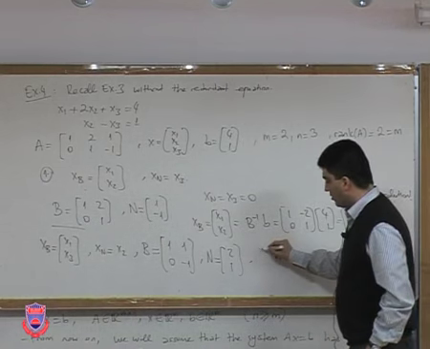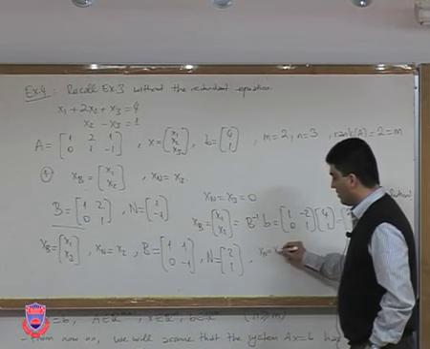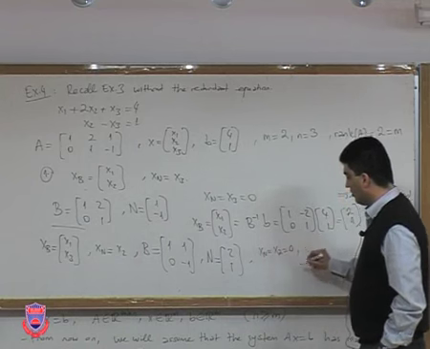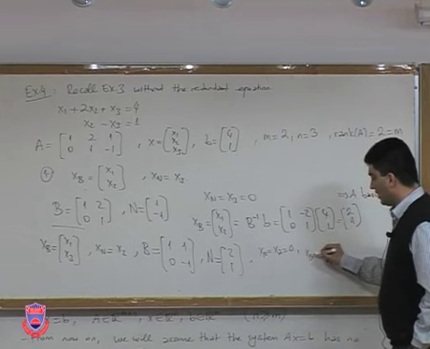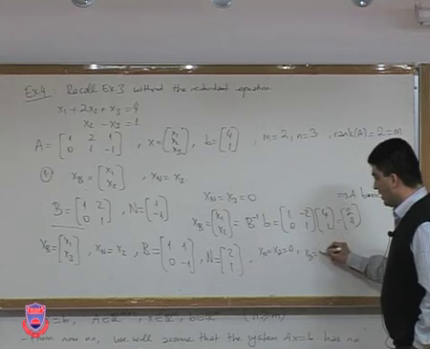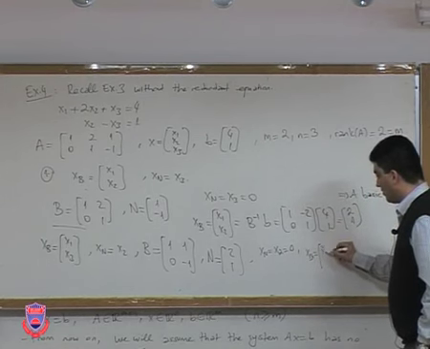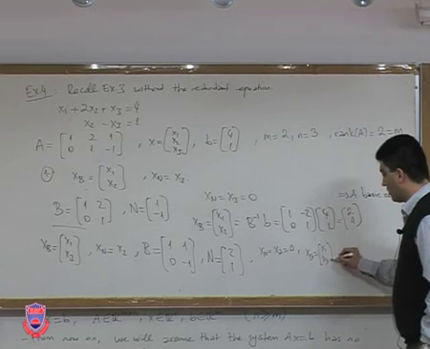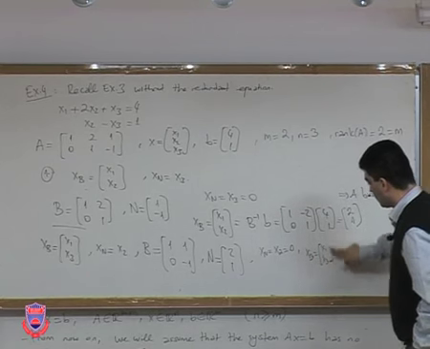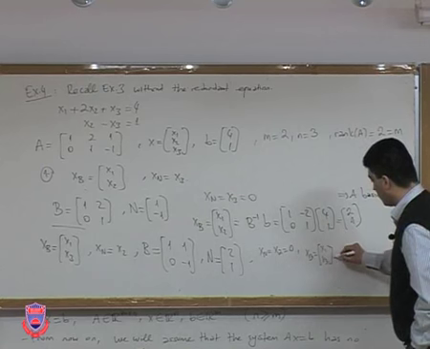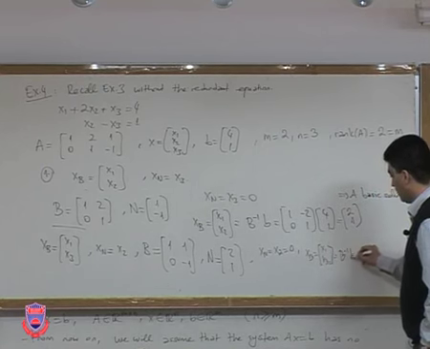So first of all, I'm going to set all the non-basic variables to 0. So xN, which is equal to x2, will be equal to 0. And I'm going to solve only for the basic variables, x1 and x3. So this is the same as B inverse times b.